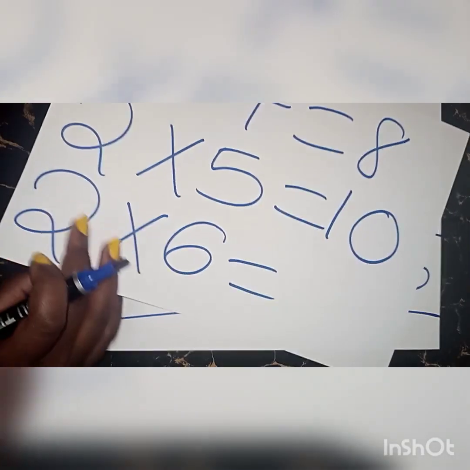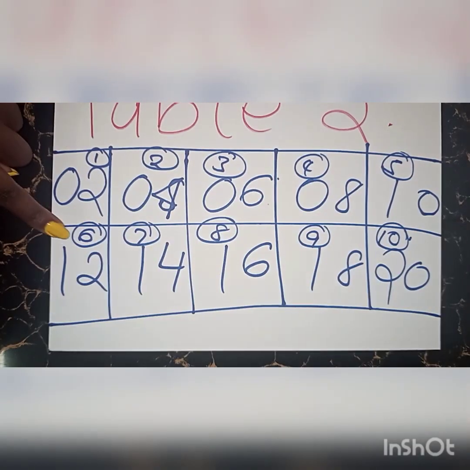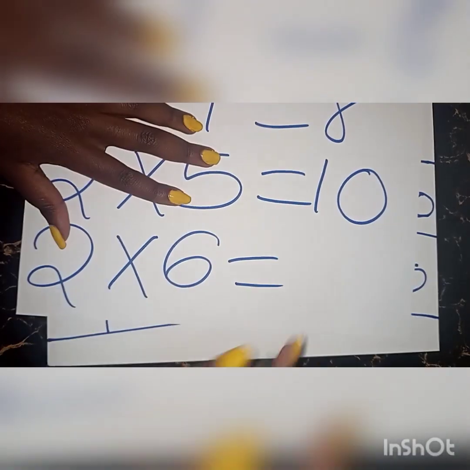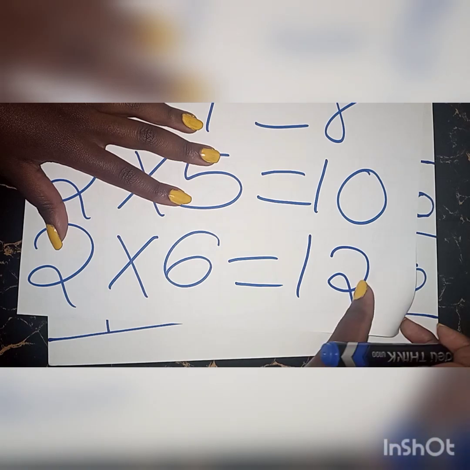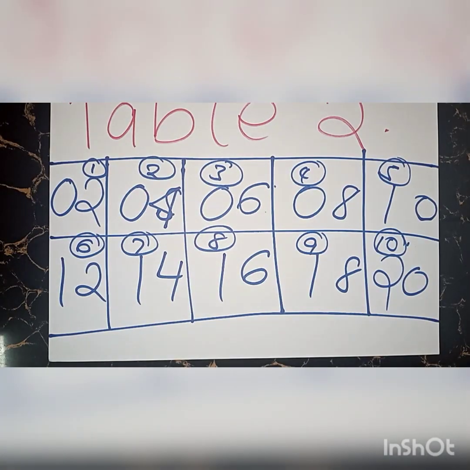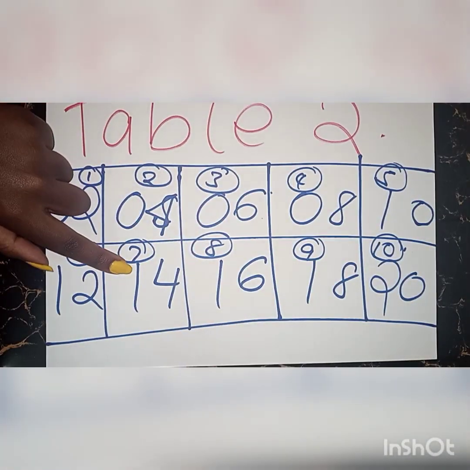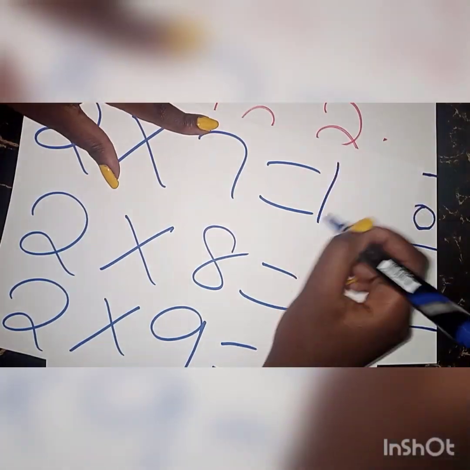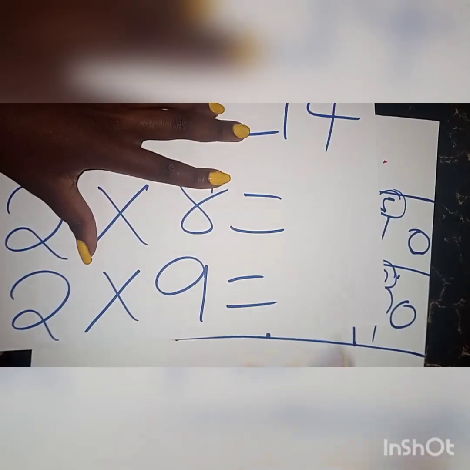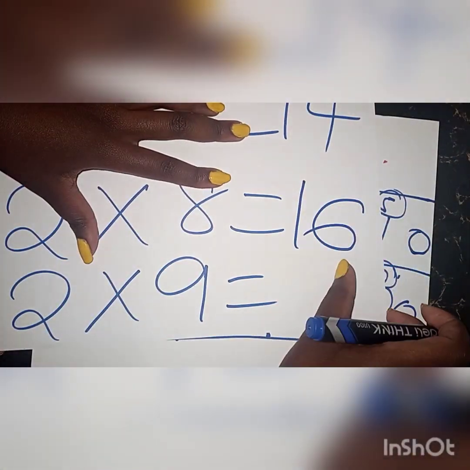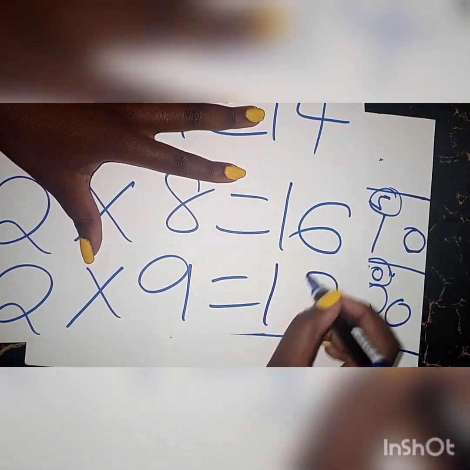So 2 times 6 is 12. Okay. 2 times 7 is 14. Are we together? 2 times 8 is 16. 2 times 9 is 18.